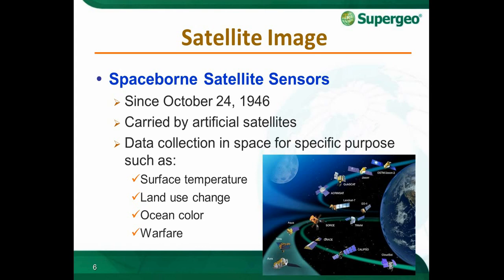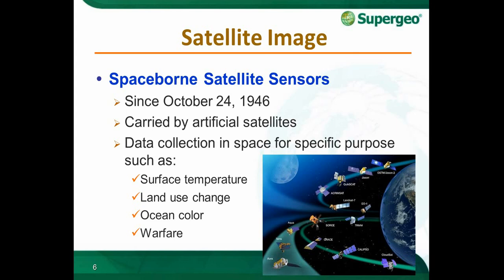And the second is the satellite image, or the satellite sensors. It started on October 24th, 1946, so it is much later, and it is carried by artificial satellites, on which we put various sensors and launch them into space.